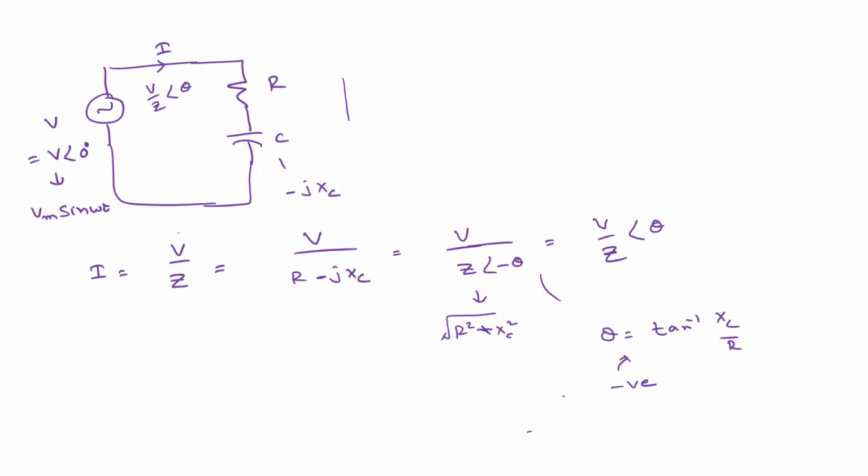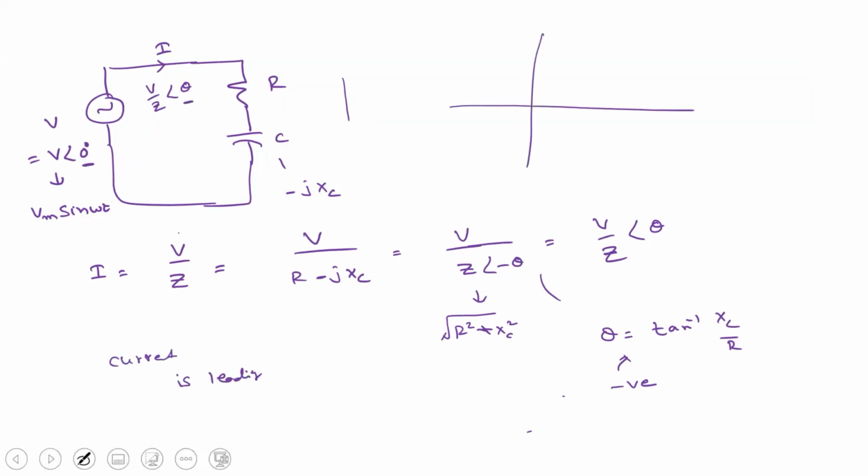So what you understood is that this is V at an angle 0 and this is V by Z at an angle theta. So that means the current is leading the voltage. How do we draw the phasor diagram? If this is the voltage vector V, the current vector will be somewhere like this.